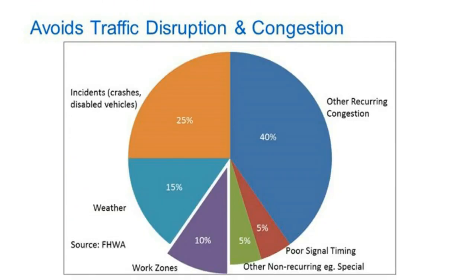And if you take our two examples and look at this pie chart from the Federal Highway Administration in the U.S., where work zones represent 10% of traffic disruptions and congestion, this would translate to $18.6 billion by 2030 related to work zones in the U.S. and $1.5 billion in the GTA area, for instance, in Canada. Anything that can be done to reduce work zones will obviously reduce these staggering numbers.